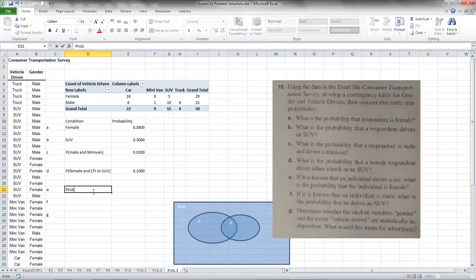So we're looking for the probability of female given car. Now that probability is going to equal the probability of female and car over probability of car. That's the equation.